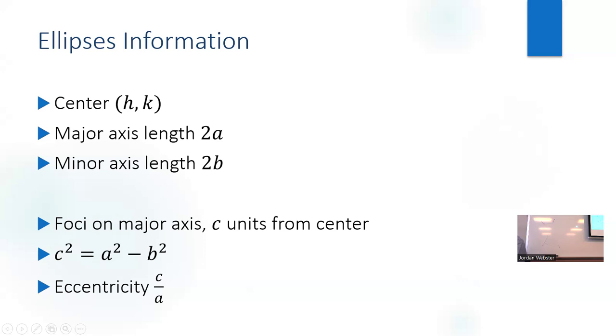So the things we're going to find on an ellipse are these features: the center, the major axis, the minor axis, both foci, and the eccentricity. Again, eccentricity is just a numerical value. For an ellipse, it's always going to be between 0 and 1, and it tells us how stretched out the ellipse is.